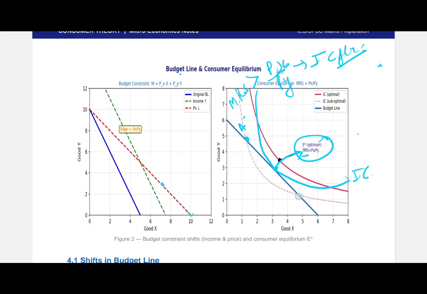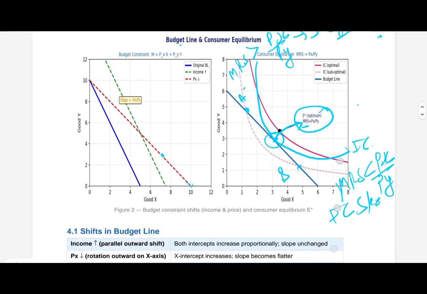And here the marginal rate of substitution should be less than the price ratio given by the budget line, so the IC becomes steep. So maximum utility, or the optimum quantity with a given constraint of income, the consumer's maximum satisfaction, is at this point only.